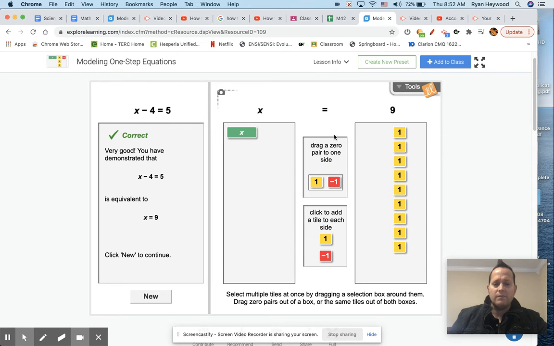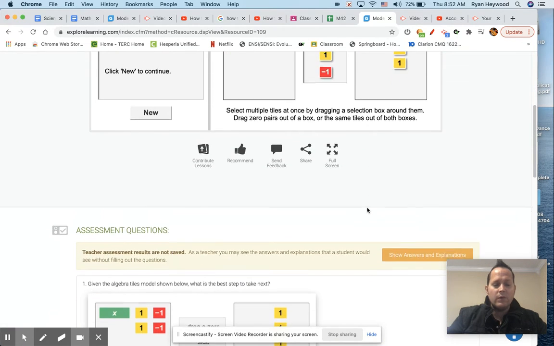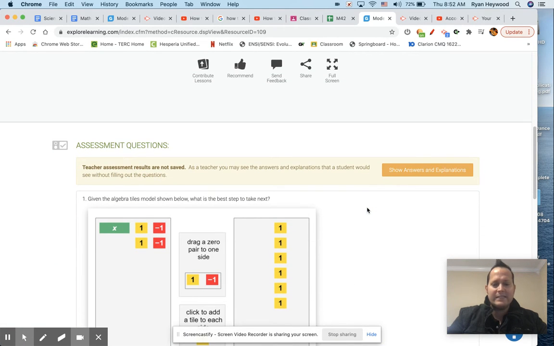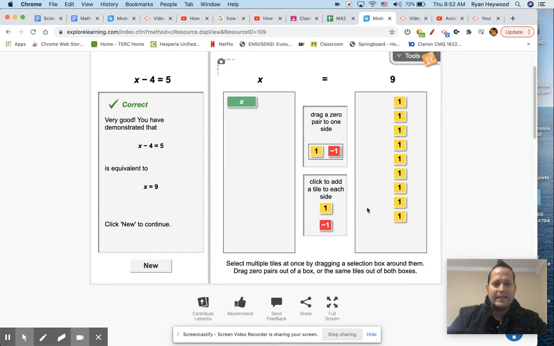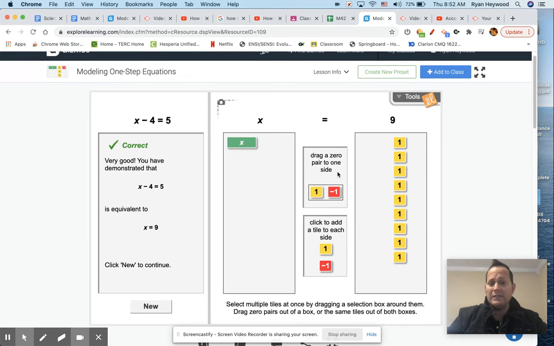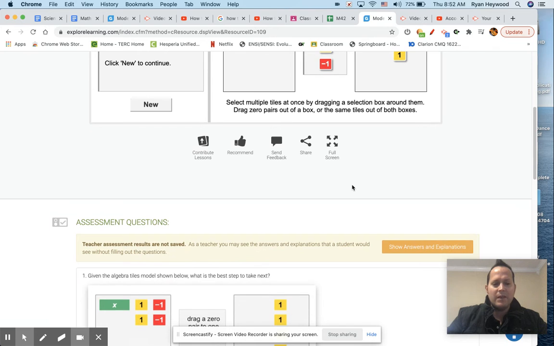After you feel confident, what you should do is these 5 assessment questions. So you're going to scroll down. You do as many of these as you need to feel comfortable. I suggest you do at least 10 of them, okay? Write them down on a separate piece of paper, do them.